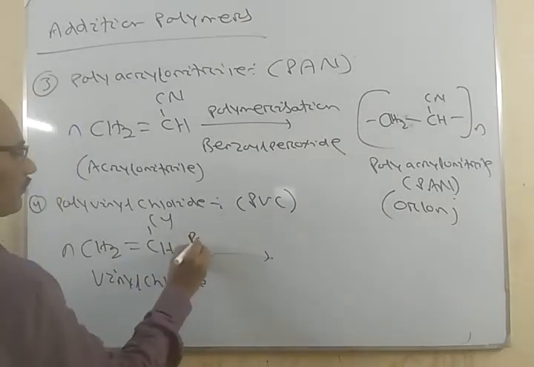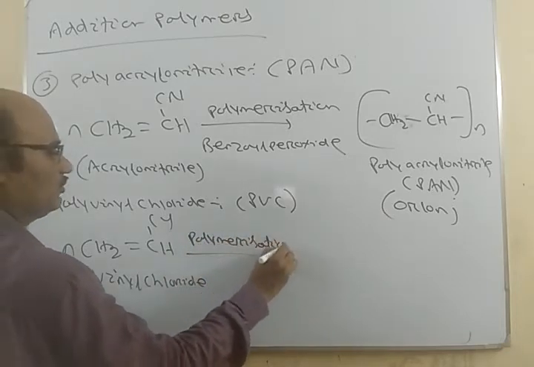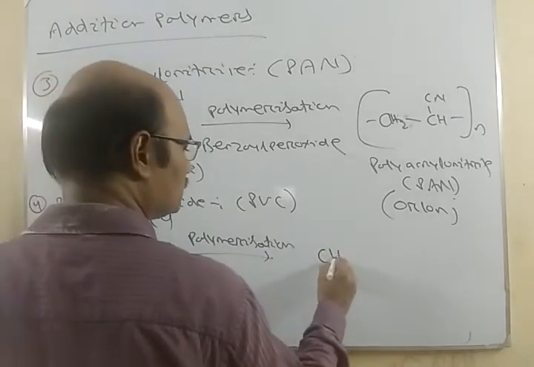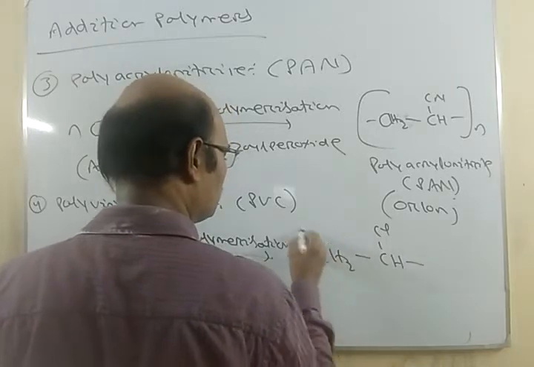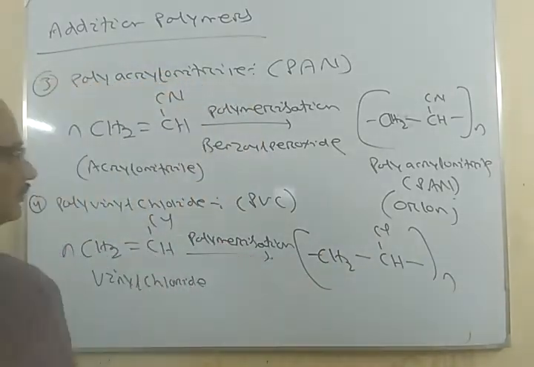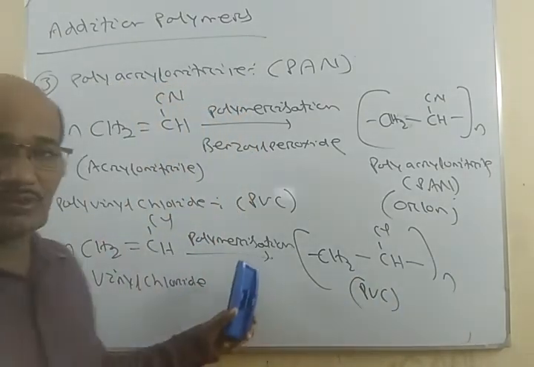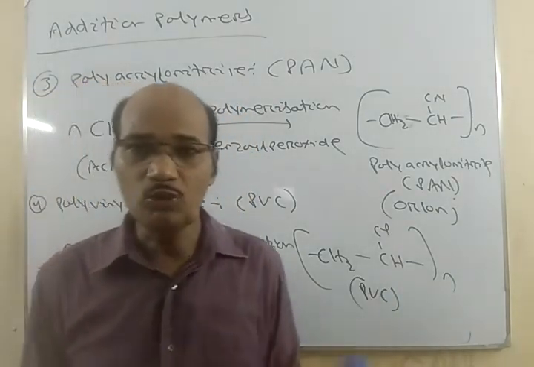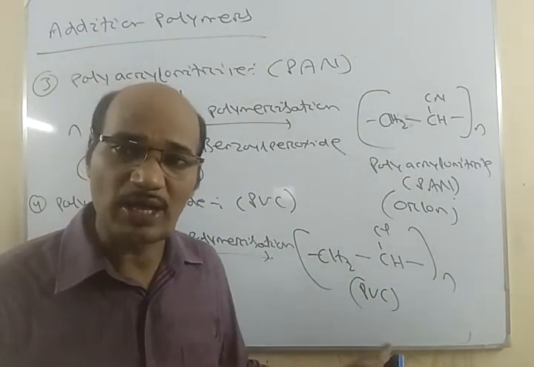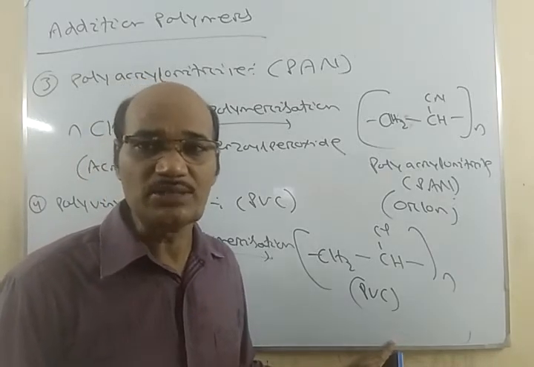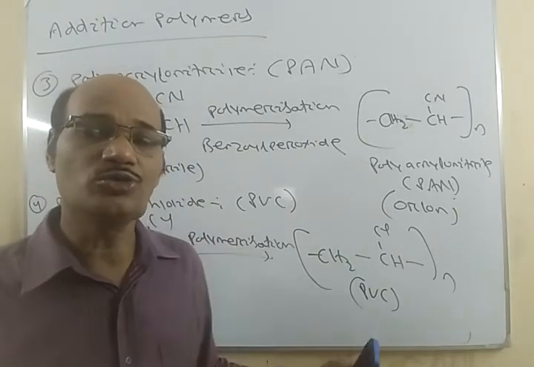On polymerization you get (CH2-CHCl)n, called PVC. PVC is widely used in water supply pipes, basically in household water supply pipes, by using PVC pipes.